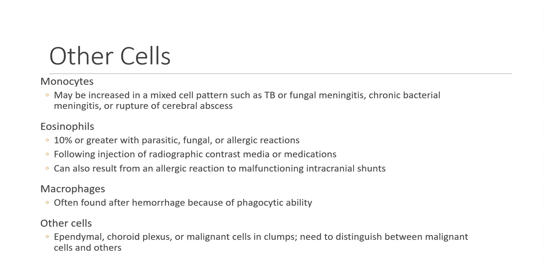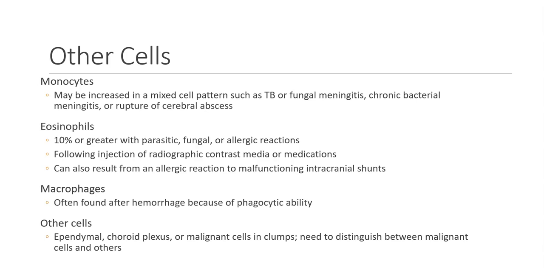They may also be increased following the injection of radiographic contrast media or medications, and they can also result from an allergic reaction to malfunctioning intracranial shunts. And intracranial shunts are put in for hydrocephalus to drain on a very regulated basis the excessive amount of the CSF.